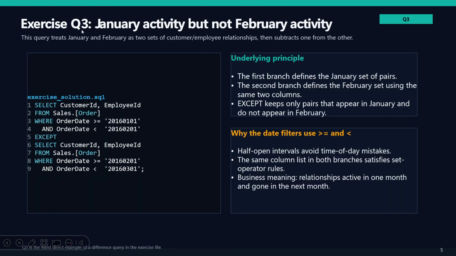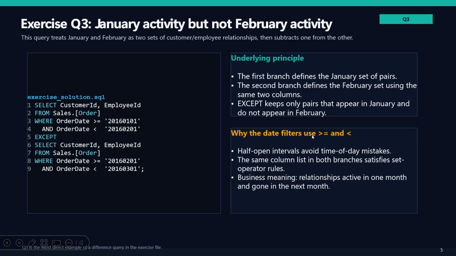Okay, for exercise question 3, January activity but not February activity. Underlying principle: the first branch defines the January set of pairs. The second branch defines the February set using the same two columns. EXCEPT keeps only pairs that appear in January and do not appear in February.